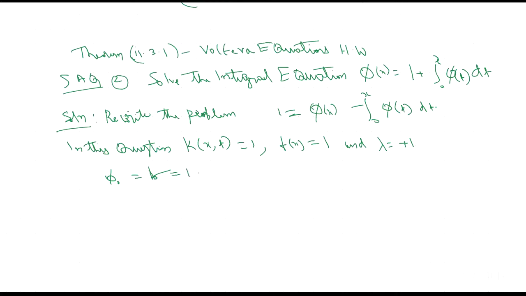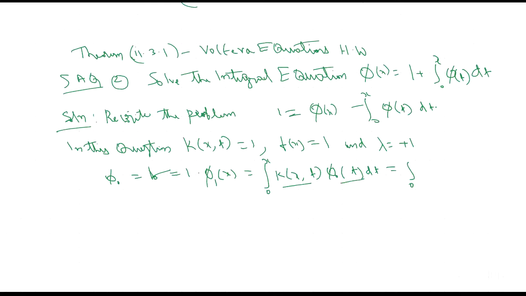Phi 1 of x equal to integration 0 to x K(x,t) phi naught(t) dt, that equal to integration 0 to x, and phi naught of t is also 1.